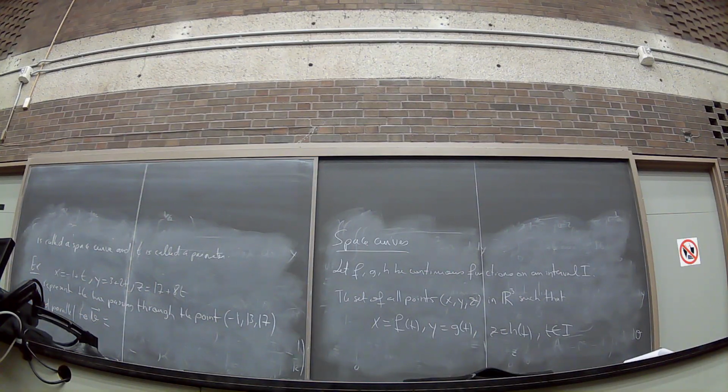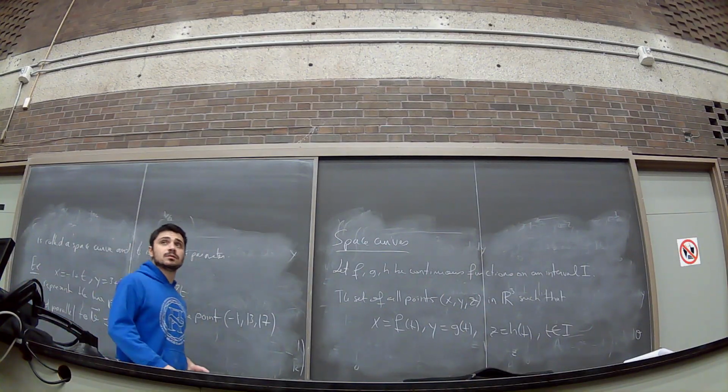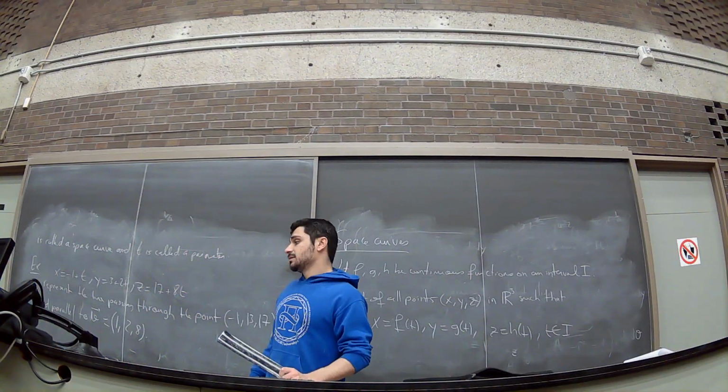What is a vector that is parallel to this line? Can you extract it? 1, 2, 8, great. Yes, sir, that is called a parameter. Parameter, yeah, exactly.